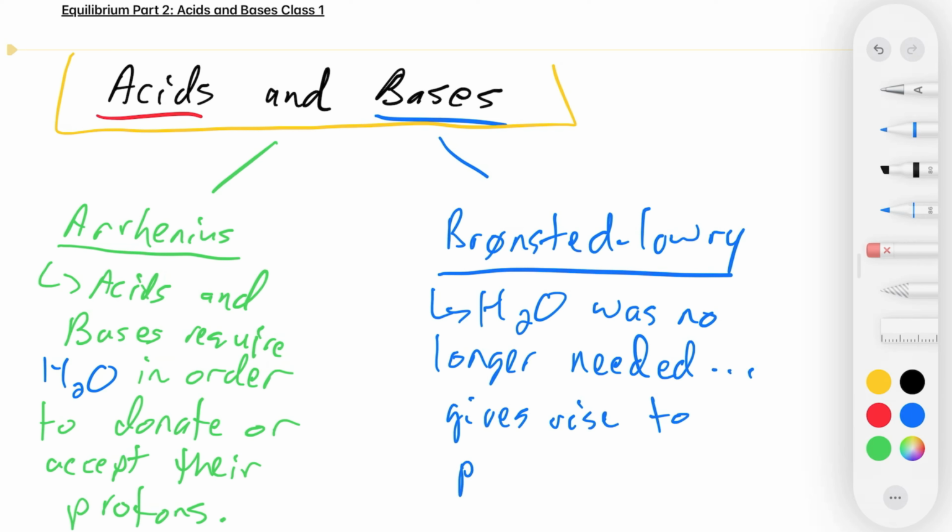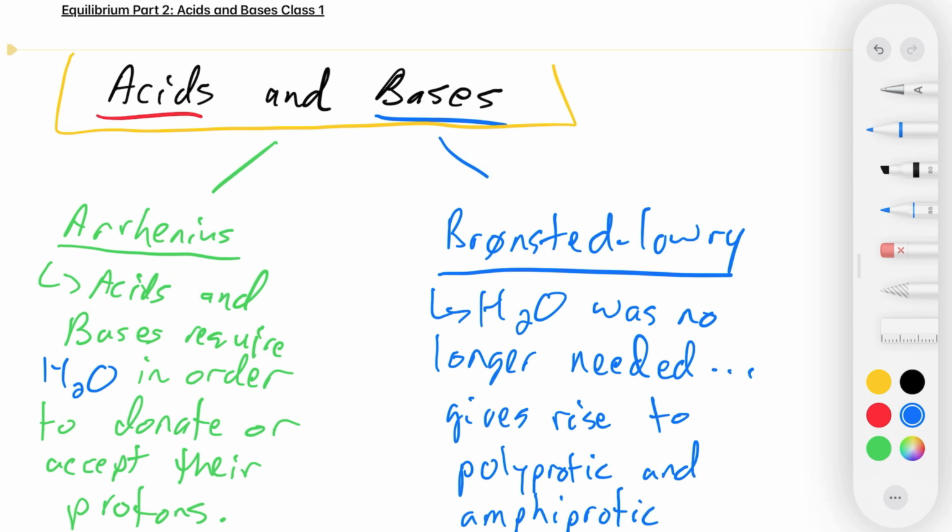I'll make that word rise in case you're feeling, what is that? It's the word rise. Sometimes when we're trying to write quick, it's a bit hard to read. So it gives rise to polyprotic and amphiprotic entities.